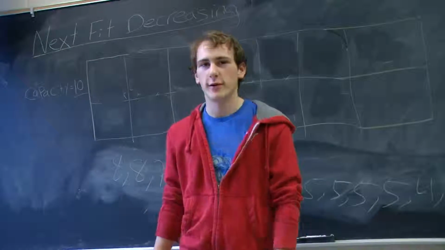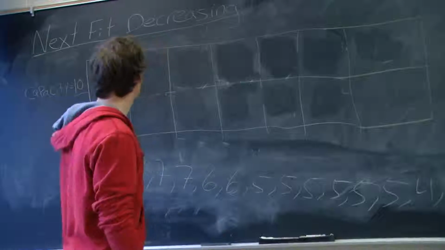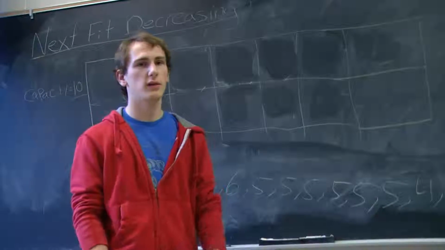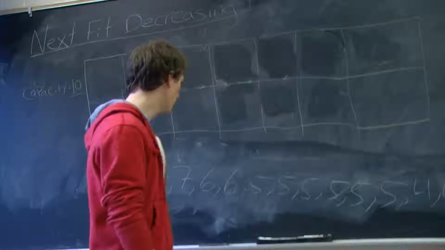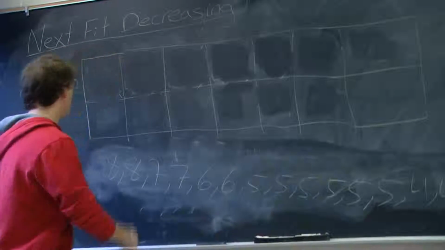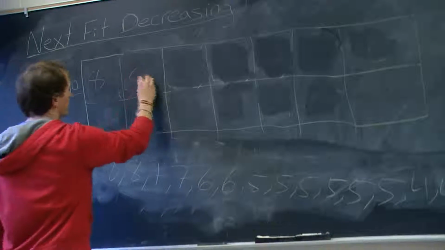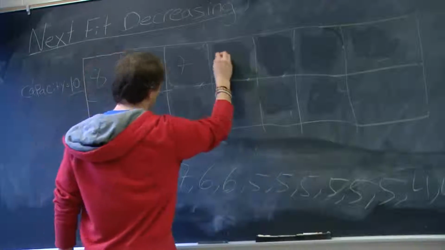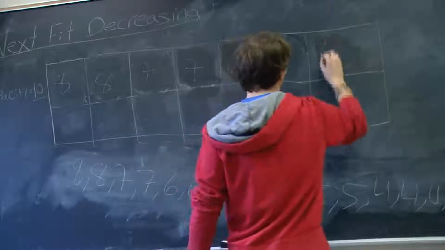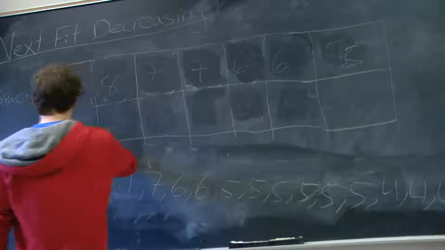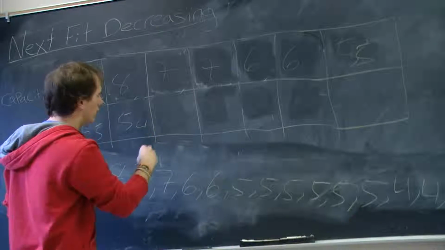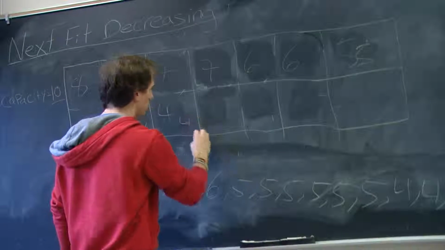Alright, for our next learning target, we're going to be doing next fit decreasing. This is the same thing as next fit, except you just have the data organized in a decreasing order. So all you do is, for the first one, 8, 8, 7, 7, 6, 6, and then 5, 5, 5, 5, 5, 4, 4, 4.